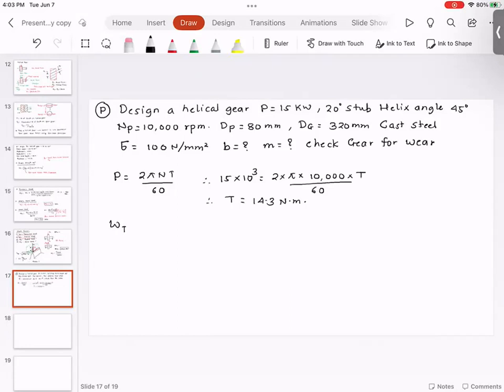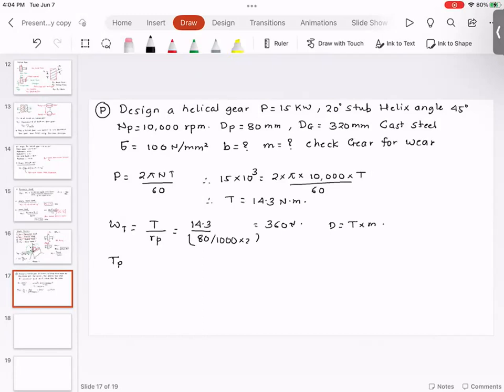Wt, which is the tangential load, is T divided by Rp, 14.3, 80,000 times m.